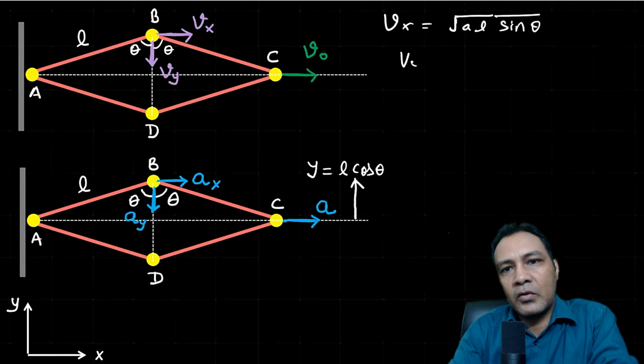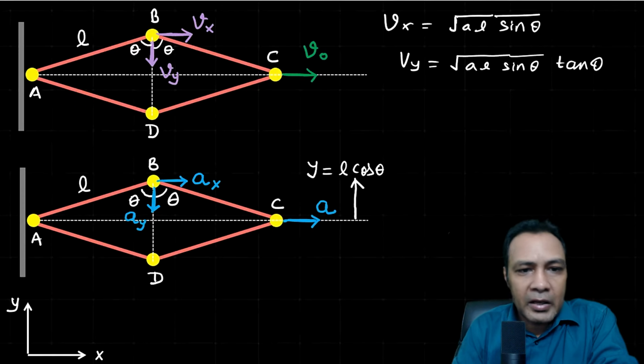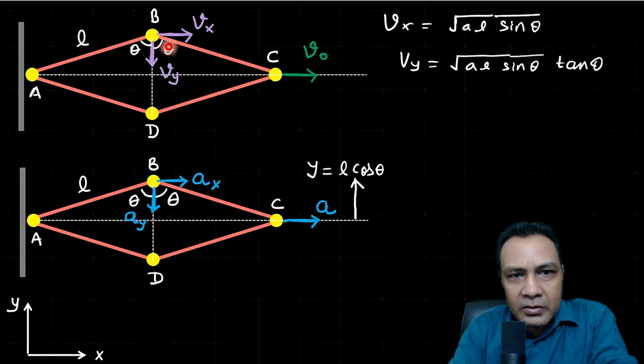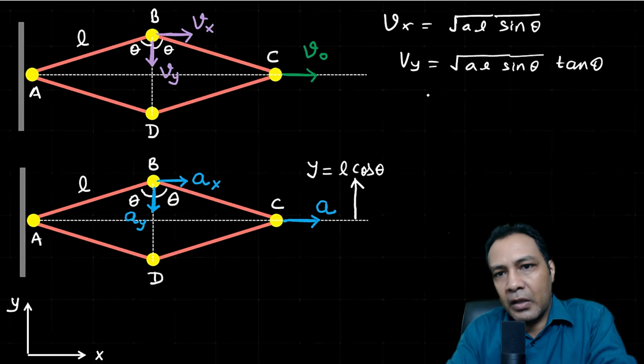And Vy was tan theta times Vx, so that was square root of AL sine theta tan theta. Ax of this will be exactly half of this because its x coordinate is always half of the x coordinate of C. So Ax is equal to A by 2.